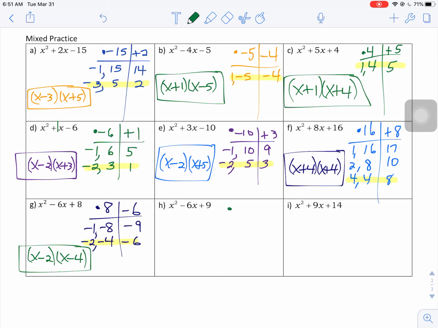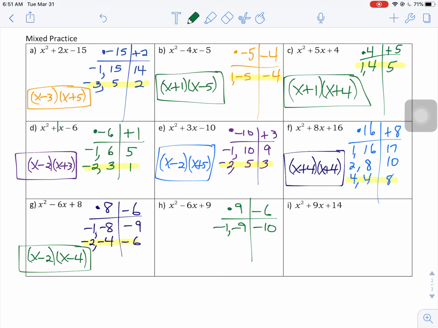Letter H, we want to multiply to positive 9, add to negative 6. 9 divided by 1 is 9. I'm trying to multiply to a positive number but add to a negative, so both of my numbers have to be negative. Negative 1 and negative 9 adds up to negative 10. So that is not negative 6, so that does not work.